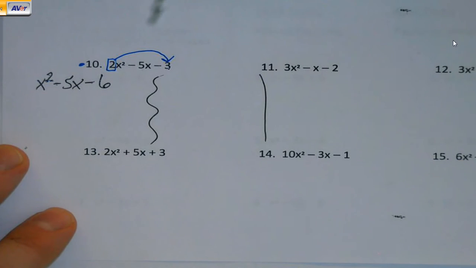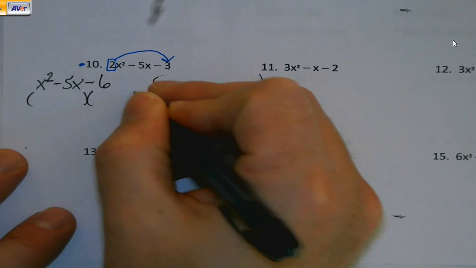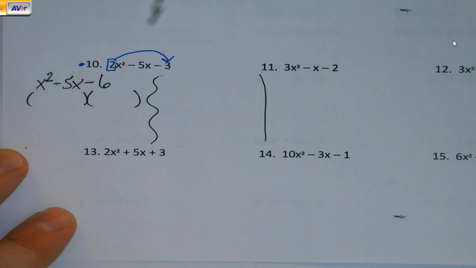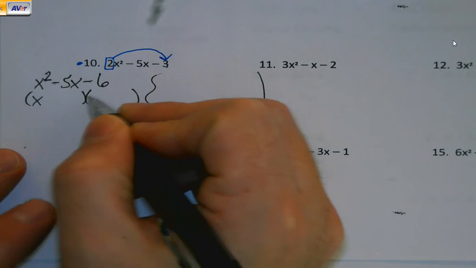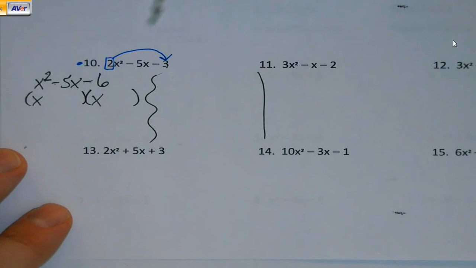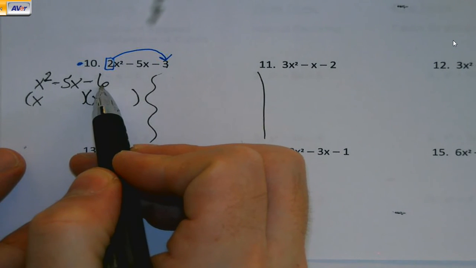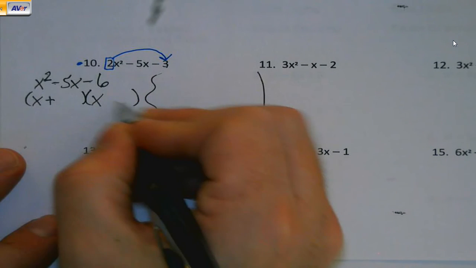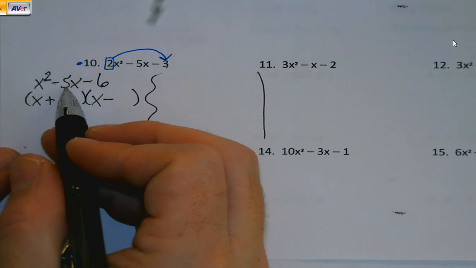So we swing down to multiply. And once I get down there, again, I get myself rolling like I did up above, like I would with a diamond. My multiply number is -6, which means I'm going to have 1 of each sign. My add number is -5.